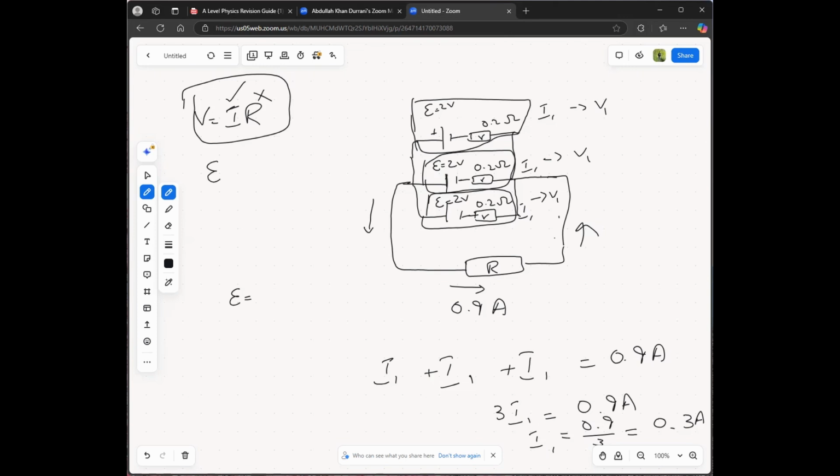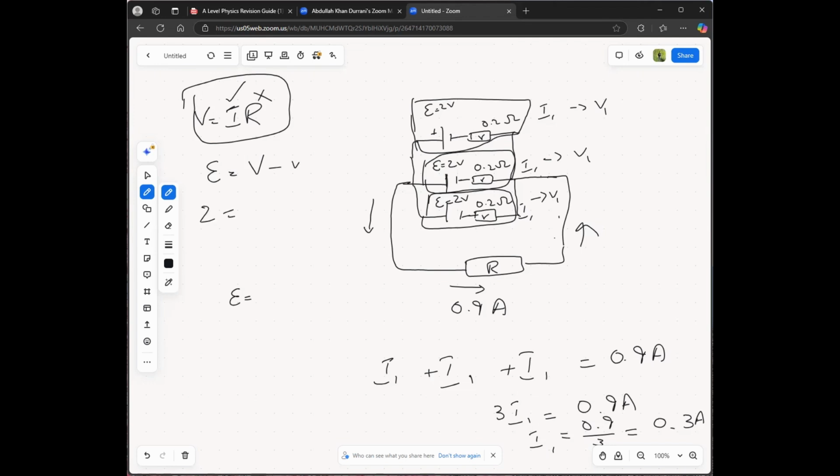So if you remember that, it was the EMF that is equal to the potential difference plus the lost voltage, basically the small v. So can we calculate the small v here? Because EMF we already know it's 2 volt, 2 volt, 2 volt. So the total for all of them would be 2 volt as well because they are connected in parallel.